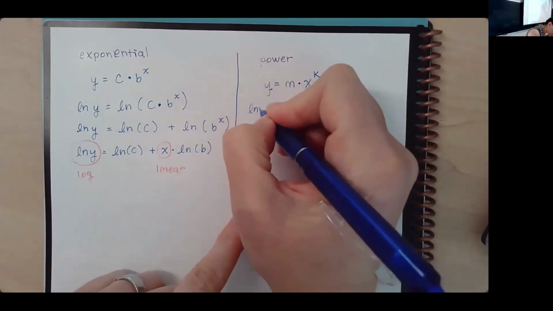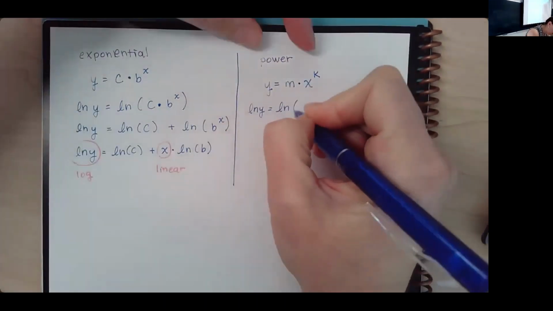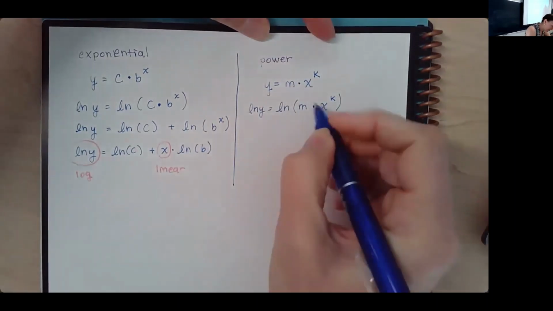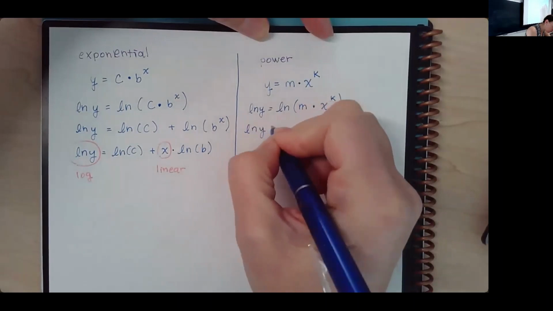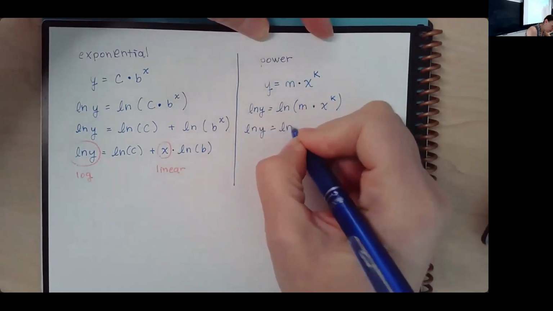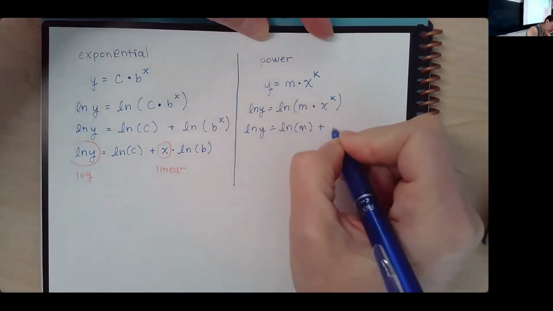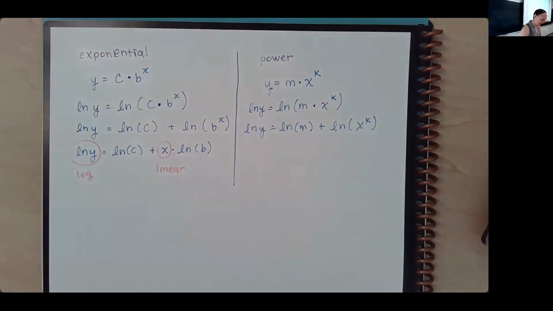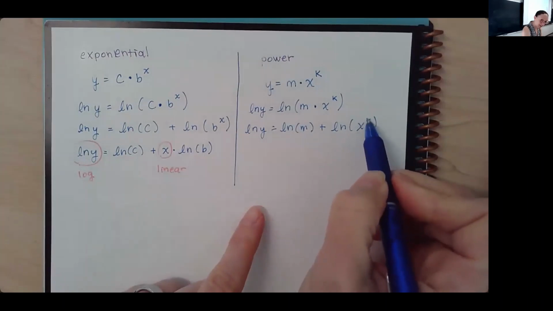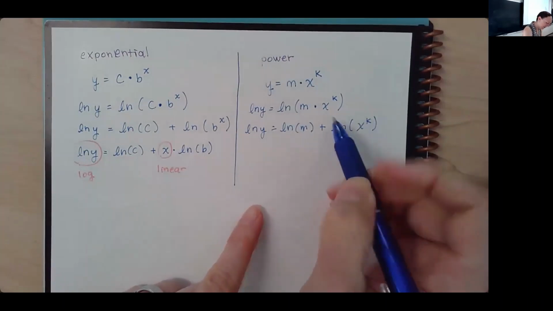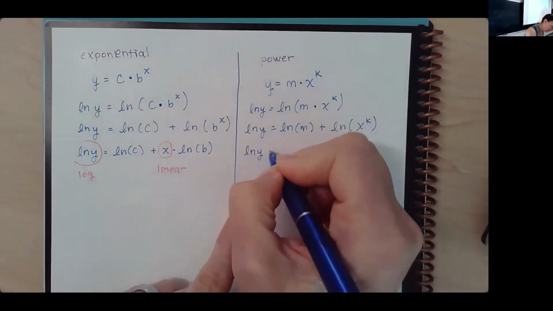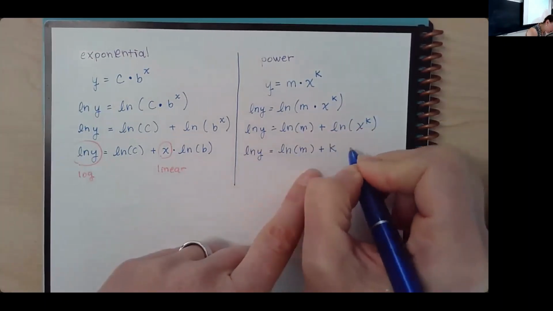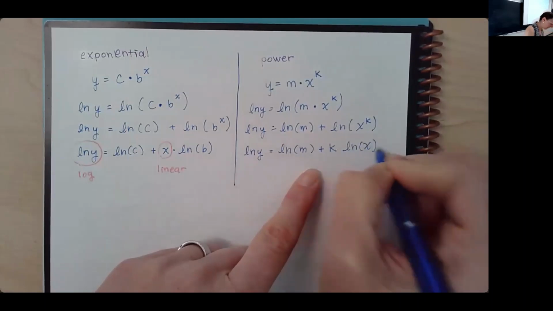I'm going to end up with ln of y is equal to ln of m times x raised to the k. Again, I'm going to use that same log rule to break that apart and call that ln of m plus ln of x raised to the k. And then, because I've got an exponent, I'm going to bring that down in front of the natural log. And I've got ln of y is equal to ln of m plus k times ln of x.